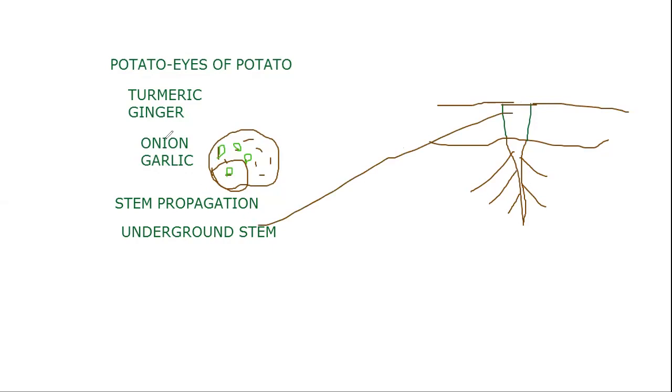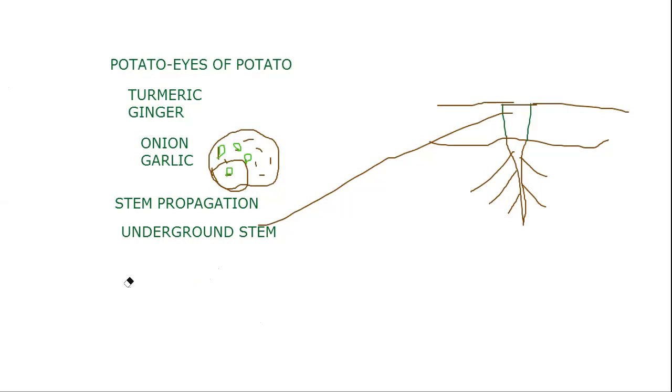Yes, ma'am. Okay. We call onion and garlic bulbs. The shape of the onion and garlic is a bulb. This is the shape, right?